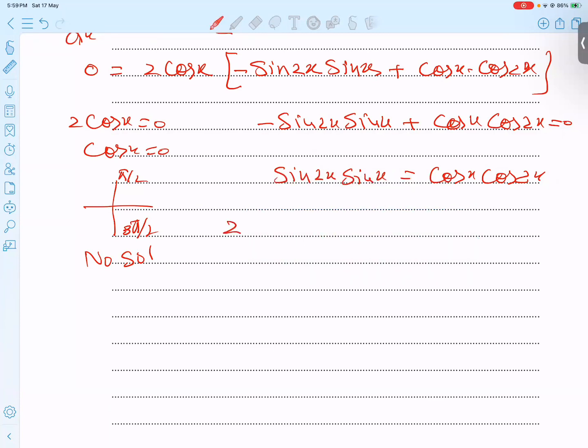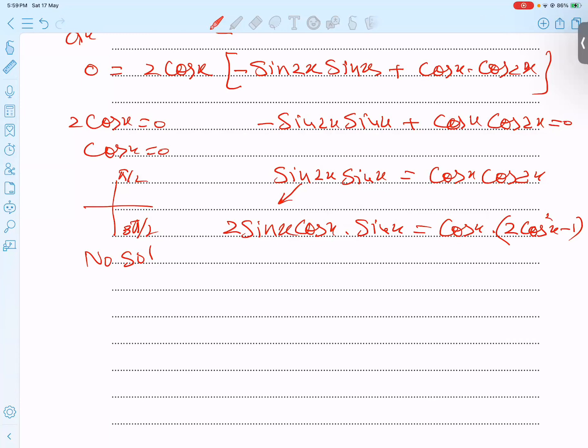So what is this sine? This value I'm writing as 2 sine x cos x into sine x. Here I have cos x. Here I have 3 formulas. So it is very obvious, or I have 3 choices, but the best choice is if cos cancels and sin cancels, I can have 2 cos square x minus 1.